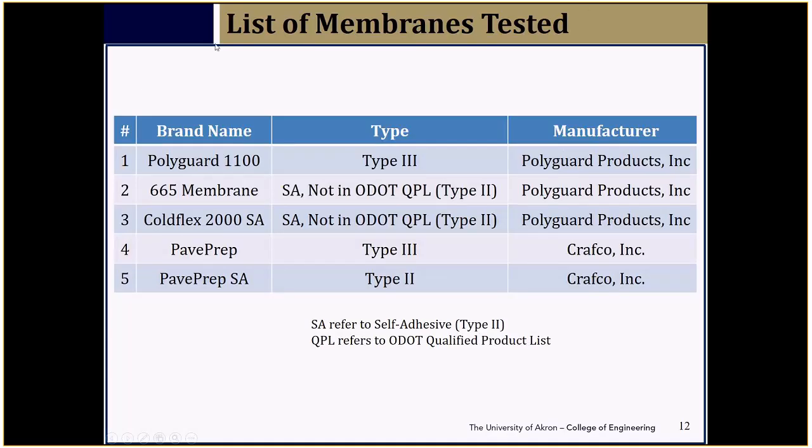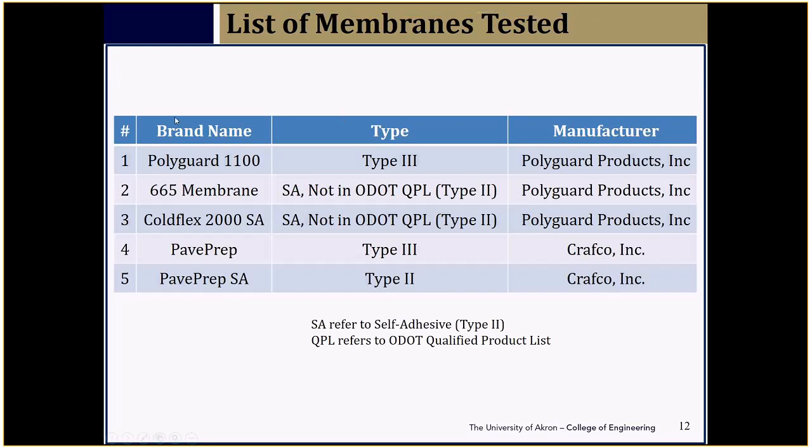So we picked 5 different membrane types, and 3 of them were not in ODOT QPL, and 2 were from ODOT QPL. Some of them were self-adhesive type membranes that was specifically requested by ORIL to study self-adhesive type 2 membranes.